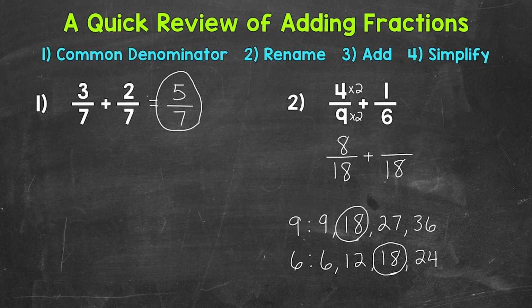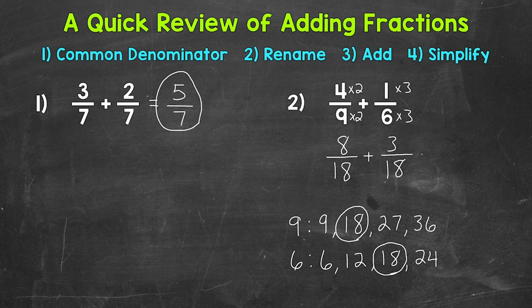Let's do 1/6. So how do we get 6 to equal 18? 6 times 3 is 18. So we need to do the same thing to the top in order to keep this equivalent. 1 times 3 is 3. Now we have the fractions in our original problem renamed with that common denominator of 18. So we can add.